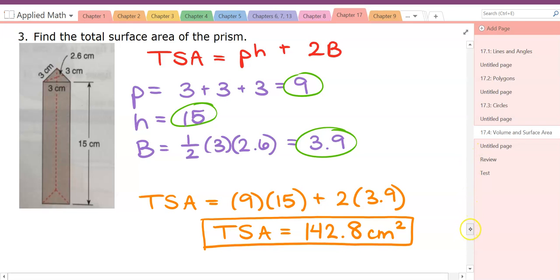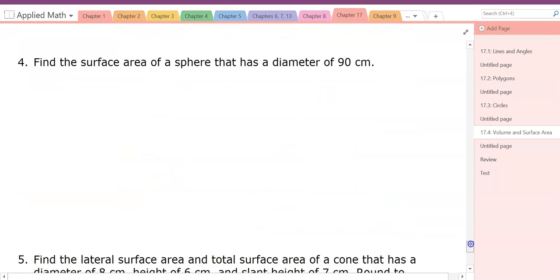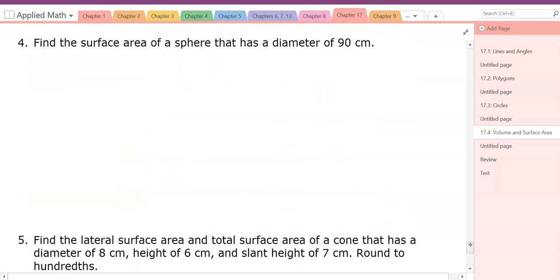All right, on the next page, number 4 says to find the surface area of a sphere that has a diameter of 90 centimeters. So spheres, like we talked about, only have total surface area. There isn't lateral and total. So we're going to use that one equation that I gave you guys, which said 4 times pi times r squared.